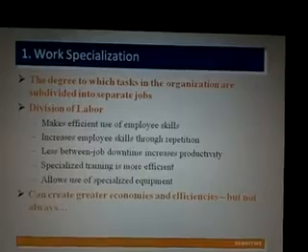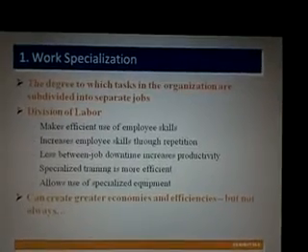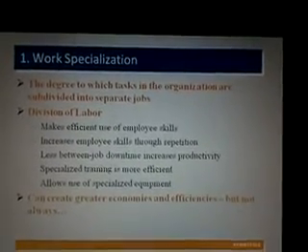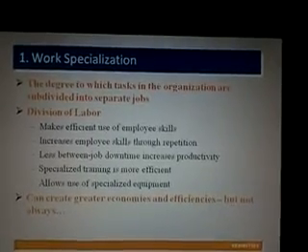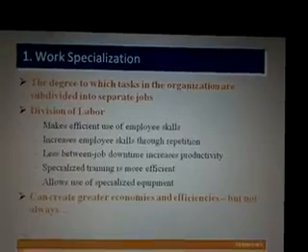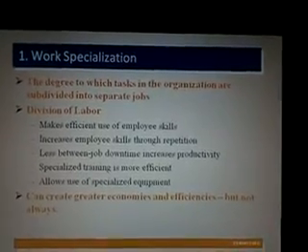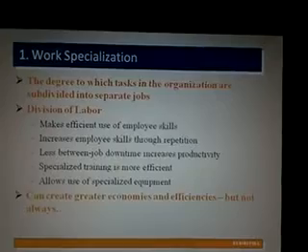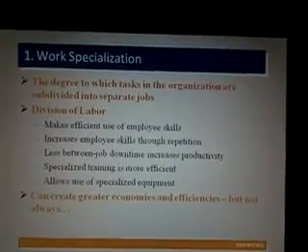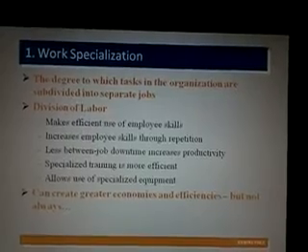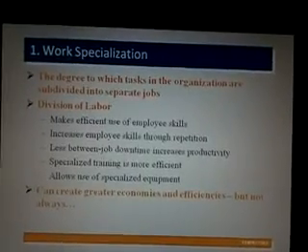You have specialists who paint, who screw in nuts and bolts, who assemble certain things. They don't do everything. They just do one part of the process. Okay, this can create greater economies and efficiencies, but it doesn't always. Sometimes you need more specialization and sometimes you don't. And it kind of depends on the environment in which you operate and what the conditions are for your organization.